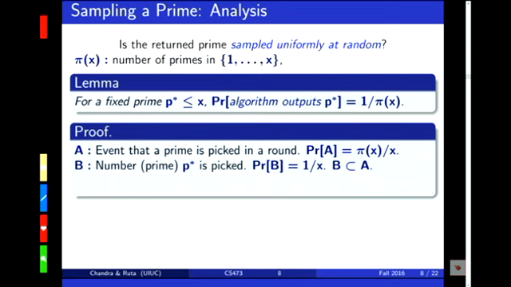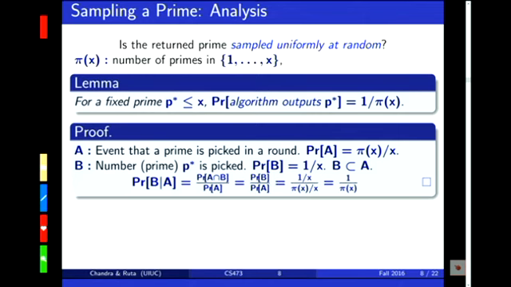And because A is the event that I pick any prime, and because p star is a prime, clearly B is a subset of A. So the probability that the algorithm outputs p star is the same as the probability that I pick p star, conditioned on picking a prime. So what is the probability of B given A?